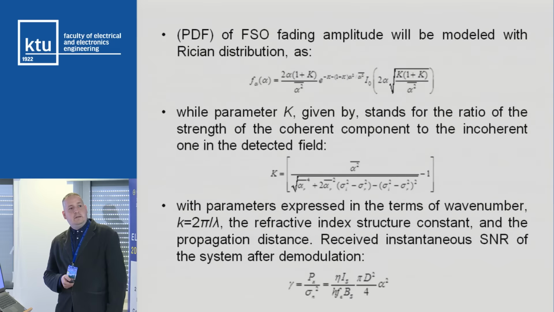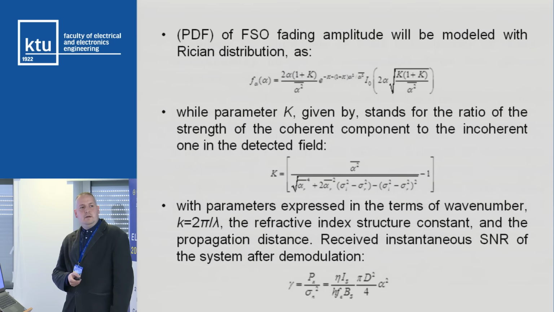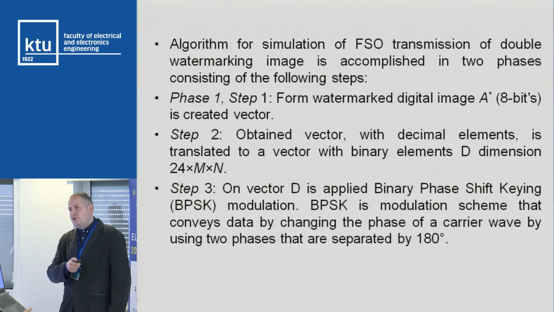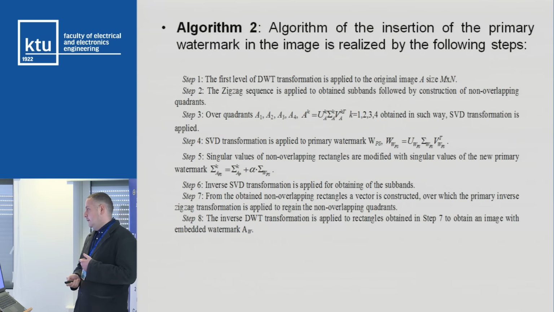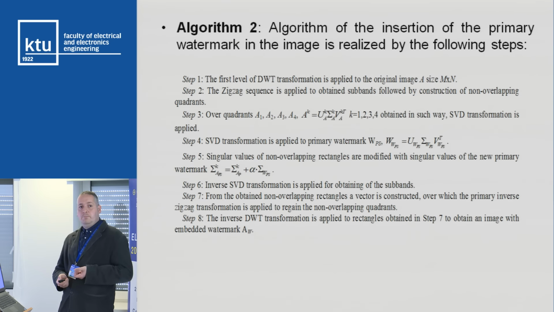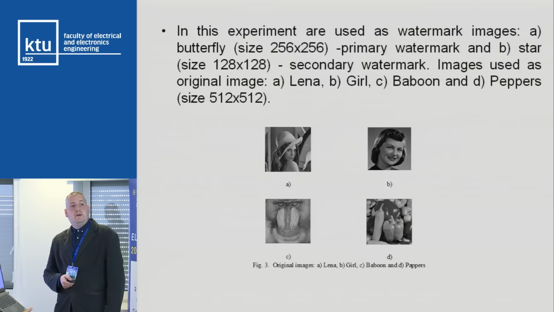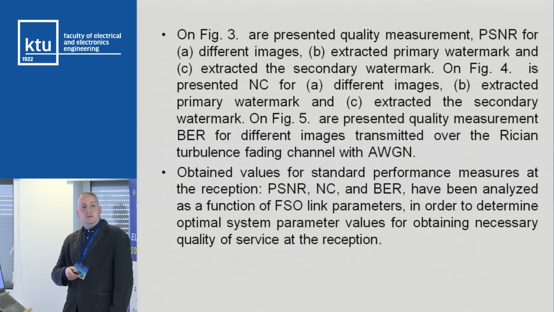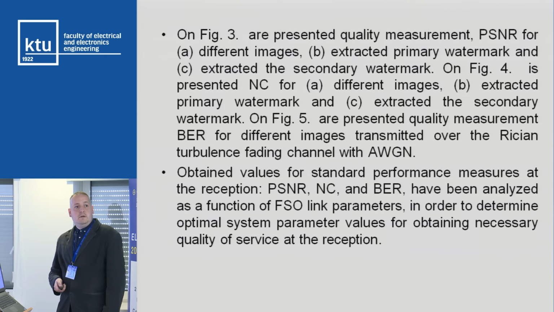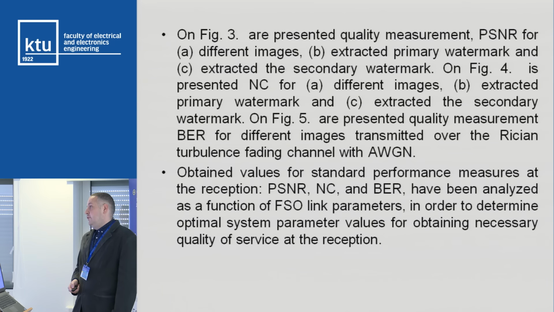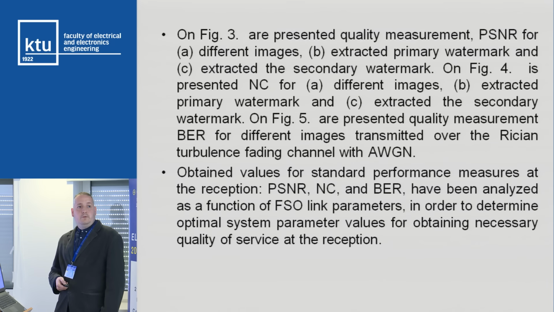The K parameter is a function of signal power, of wave number, of refractive index structure, of propagation distance, and in that way we can choose those system parameters to obtain this K value and to obtain this level of quality at the reception. And this is analysis for, I don't know, last mile realization of free space optic transmission of the picture.